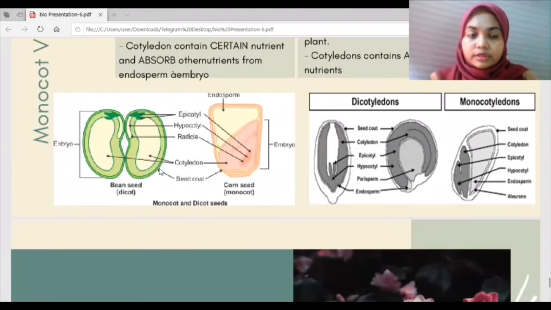You can see this is the one. It should be here for the shoot, having the tip of the shoot.